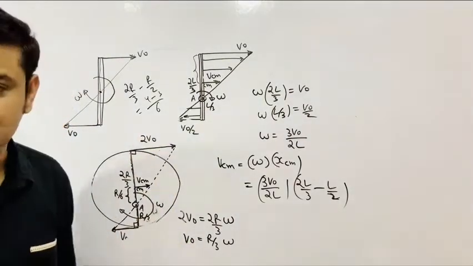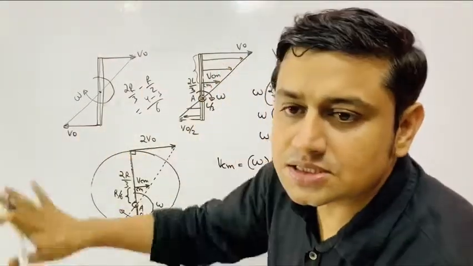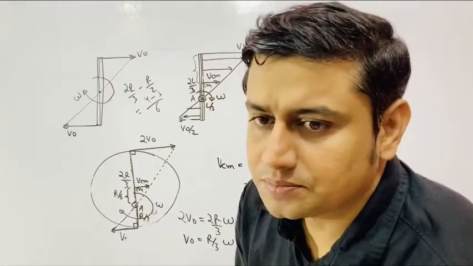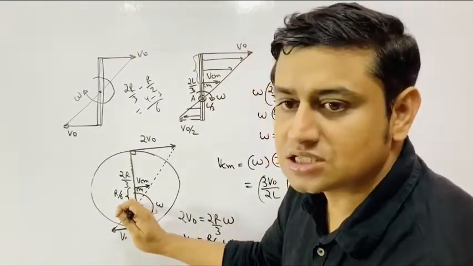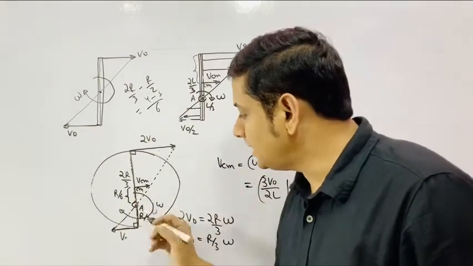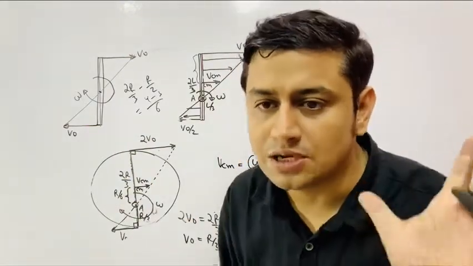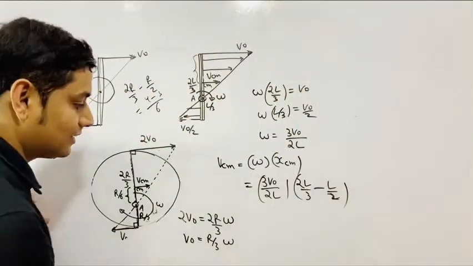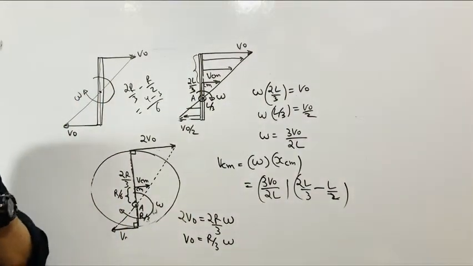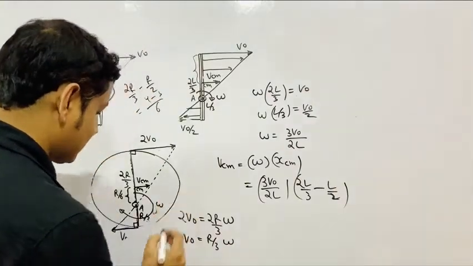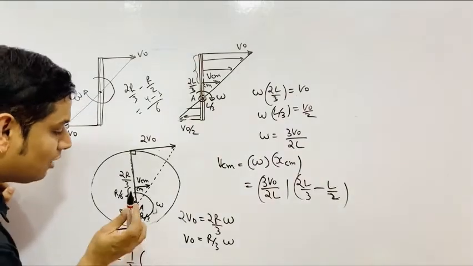Suppose I have been asked, what is the kinetic energy of this disk? I can get it in one step. I can write half I about the instantaneous axis of rotation into omega square. No VCM is required. So kinetic energy is equal to half I about the instantaneous axis.